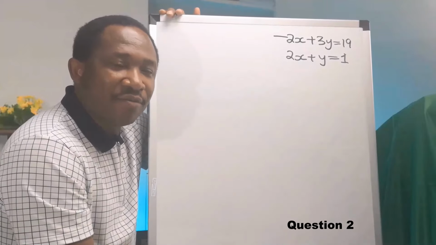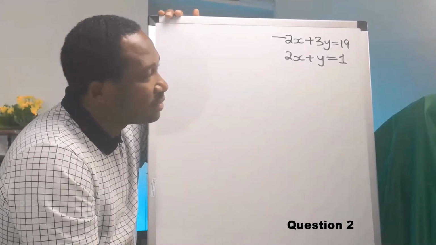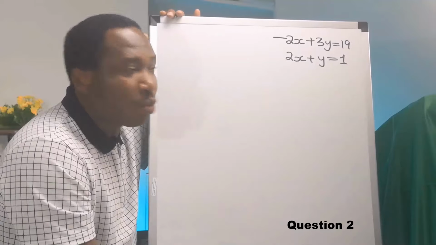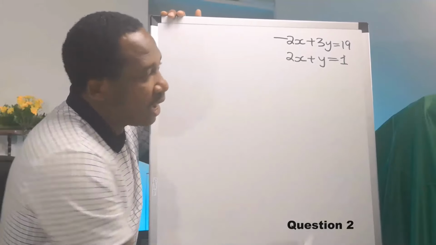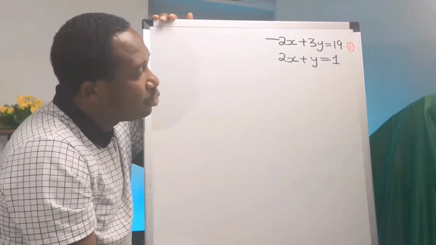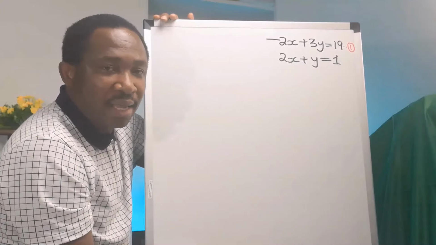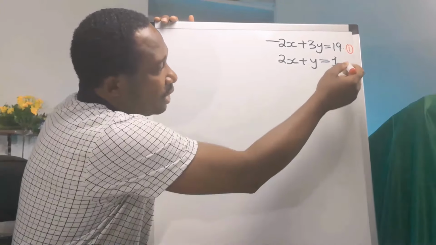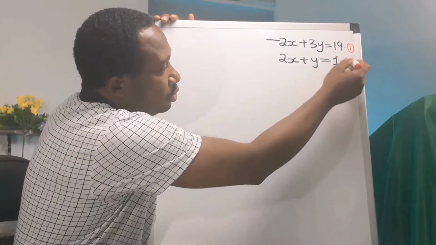Here we have minus 2x plus 3y equals 19, and that is equation 1. We have 2x plus y equals 1, and this is equation 2.